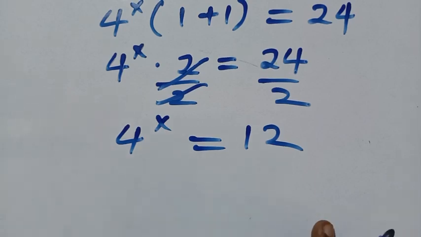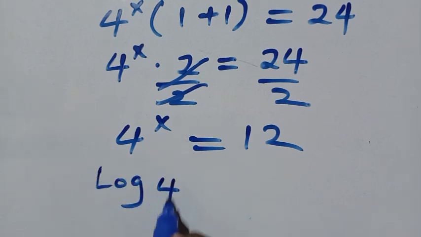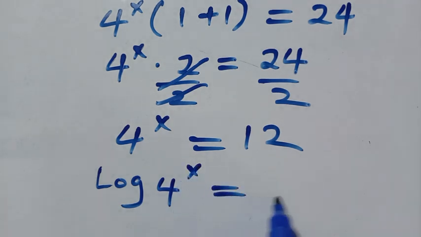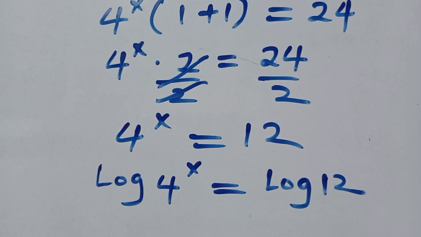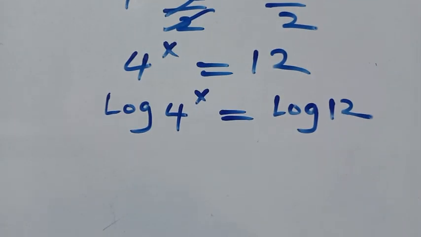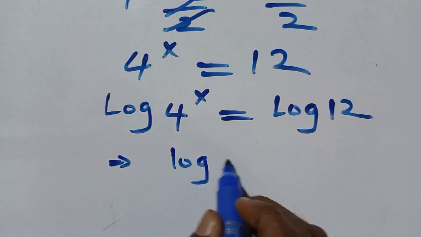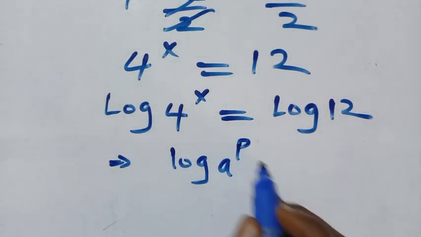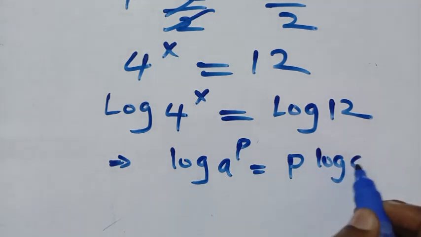So let's take log on both sides. We have log 4 power x equals log 12. By the rule of log, suppose we have log a to the power of p, this equals p log a.